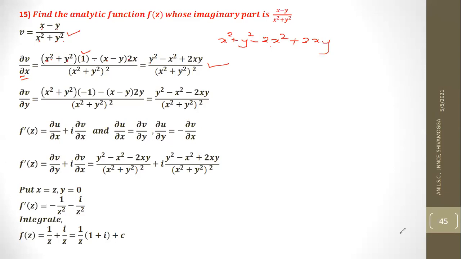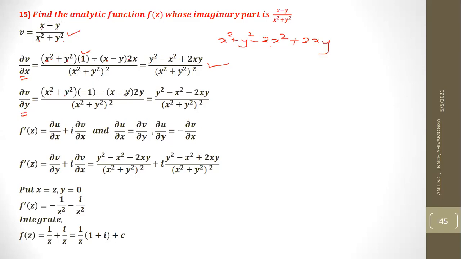Next, differentiate partially with respect to y. Derivative of v is denoted by del v by del y. Use quotient rule. Denominator x square plus y square into derivative of x minus y partially with respect to y is minus 1.